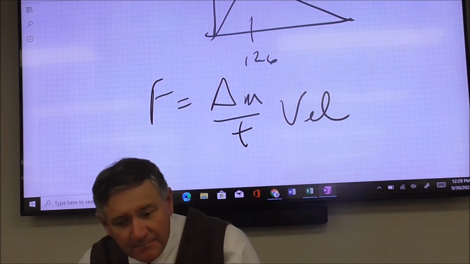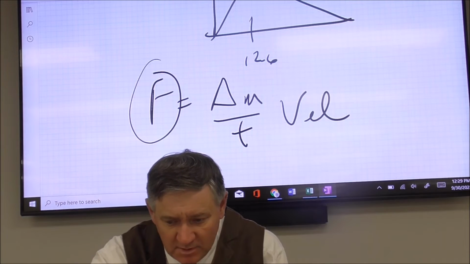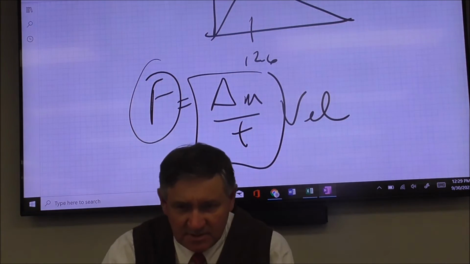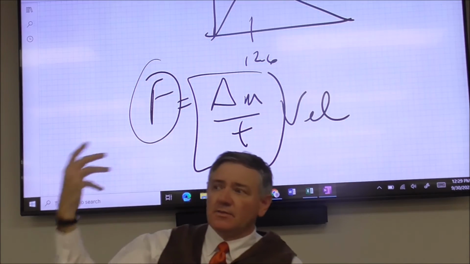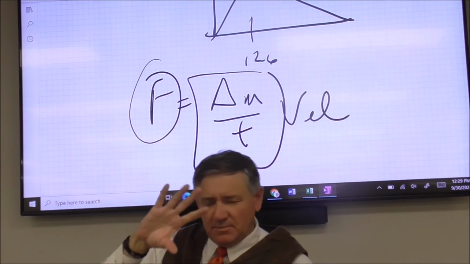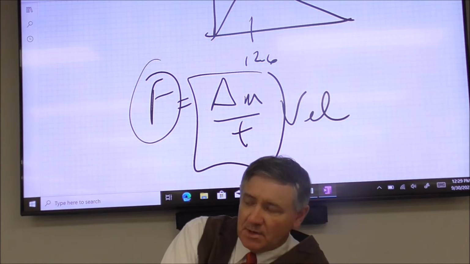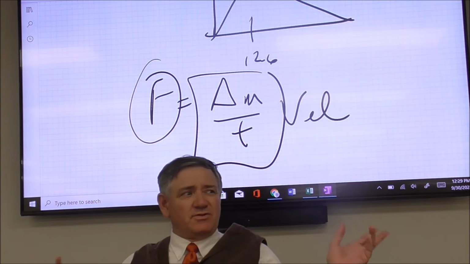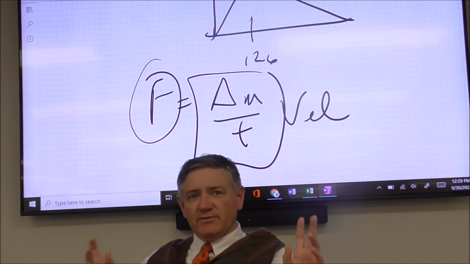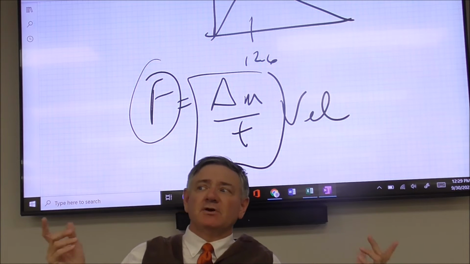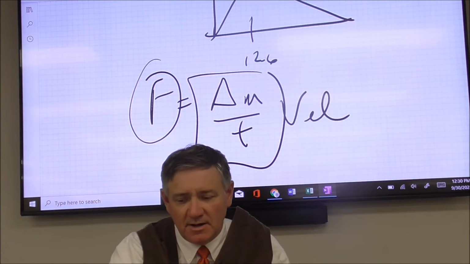Don't worry about it for now. So basically, if you want a big force, you have to consume a lot of fuel per unit of time. Those engines typically consume about 3,000 kilograms of fuel per second. 3,000 kilograms is like about 2 big cars, okay? So for every second that goes by, you're burning about 3,000 kilograms per second.